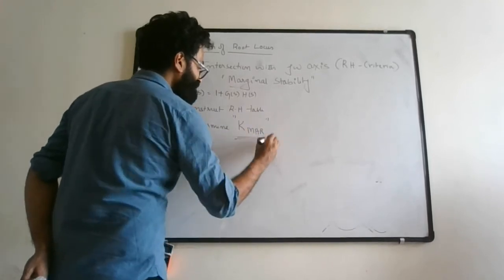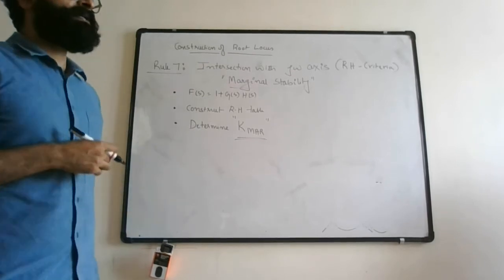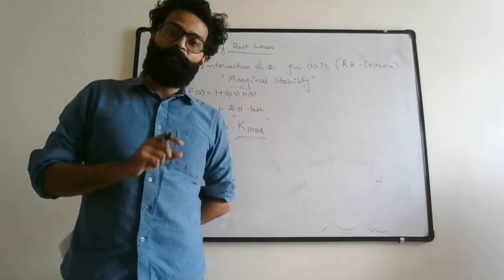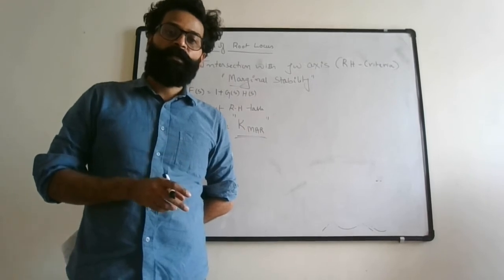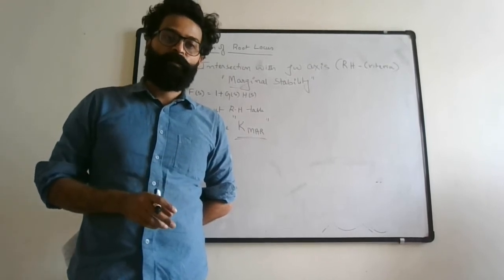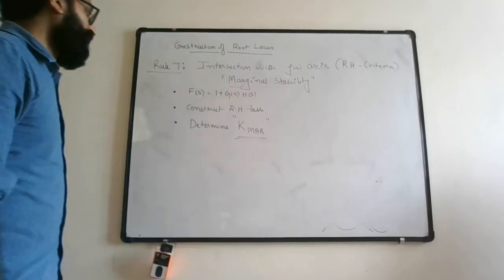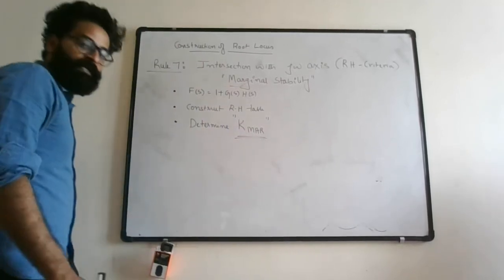What is K mar? K mar is the value of K which makes a particular row in the array a row of zeros, except for s to the power 0. That particular value is called K margin.